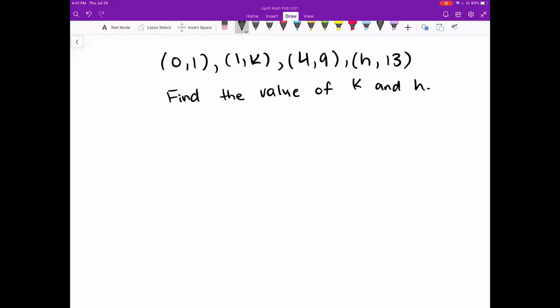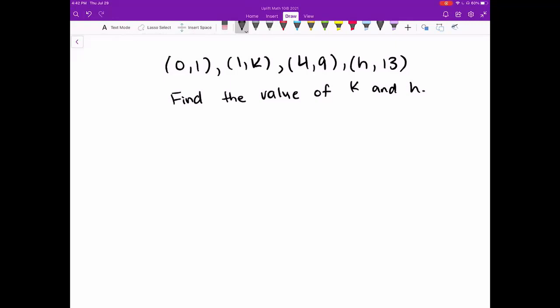And since we know that all these points are collinear, the slope between those 2 points will be equal to the slope of the rest of the points. So we could try to find the slope between (0, 1) and (4, 9). That's not really consistent, but we could do that for the sake of simplicity. We're going to have to do the slope twice anyway.